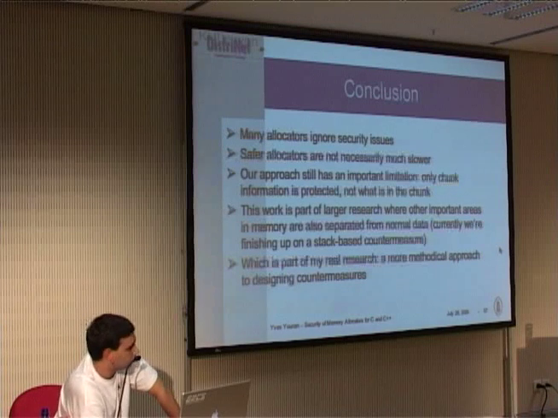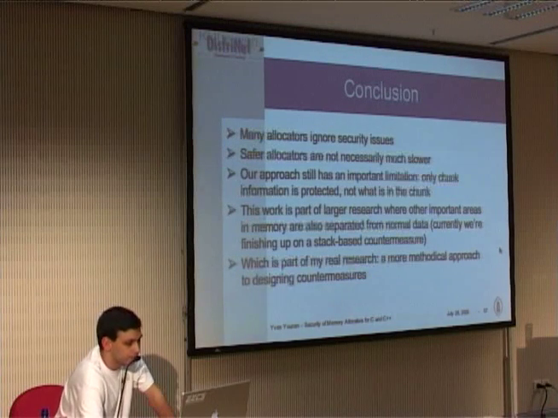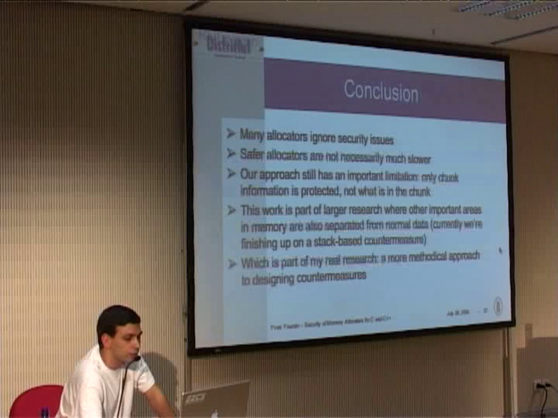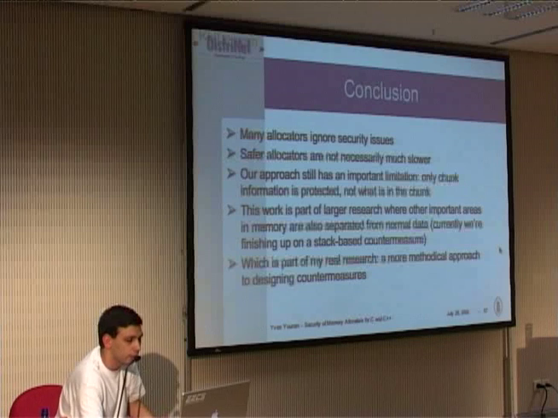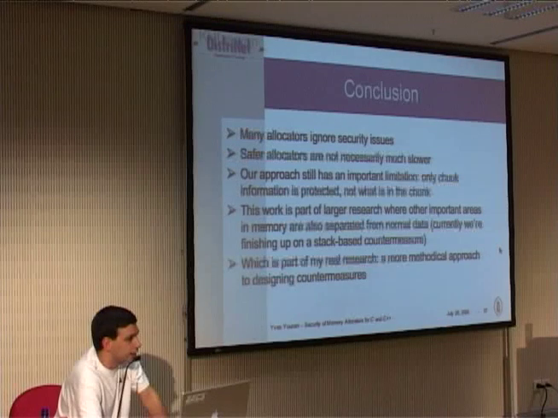This work is part of larger research I'm doing, where we separate other important areas in memory from the normal data. Currently we're finishing up a stack-based countermeasure in which we do the same as we did now. And this is part of my real research, which is building a more methodical approach to designing countermeasures.